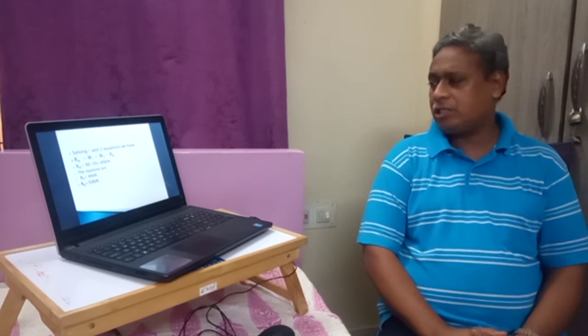Solving equations 1 and 2, Ra is equal to W1 plus W2 minus Rb. Therefore 90 minus 50 will give you 40 kilonewtons. So the reactions are Ra is 40 kilonewtons and Rb is 50 kilonewtons.